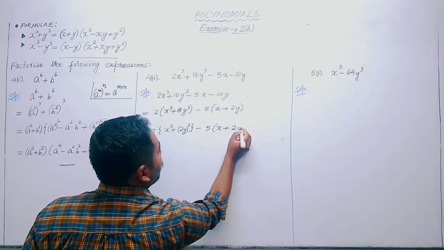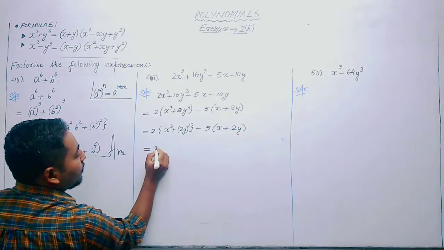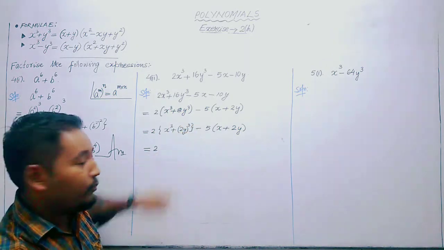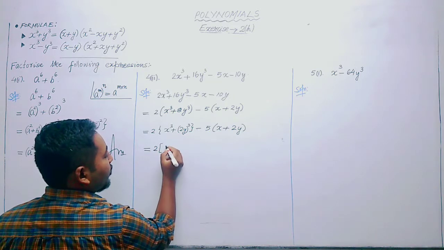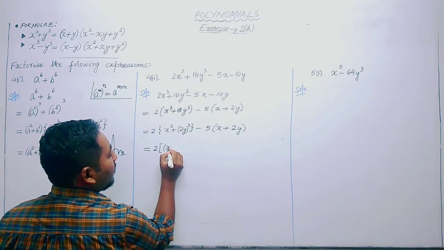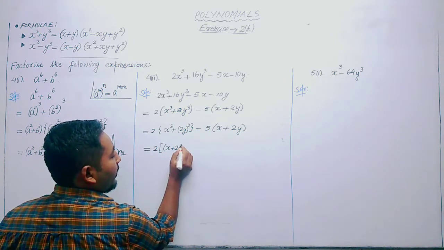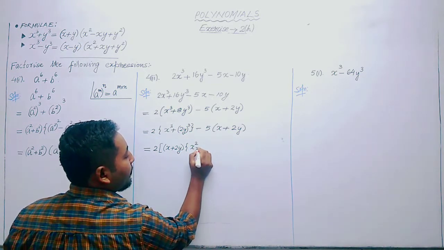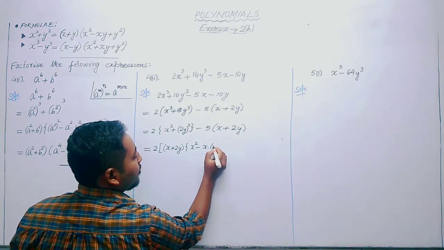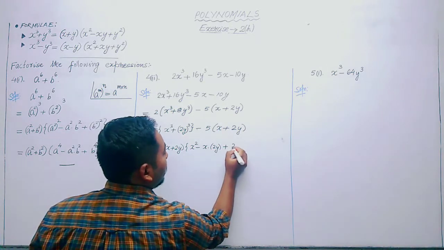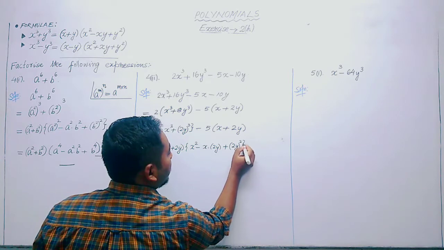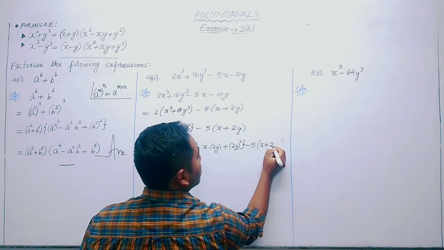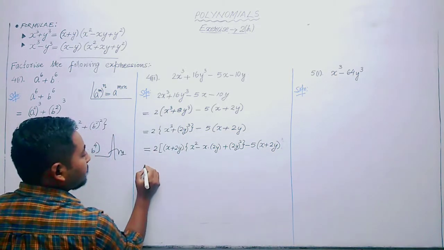5x plus 2y. Now, if you look at it carefully, is it not x cube plus y cube? Yes, it is x cube plus y cube. So you can write down x plus y within the bracket, x square minus x into y plus y square, minus this one, 5x plus 2y.